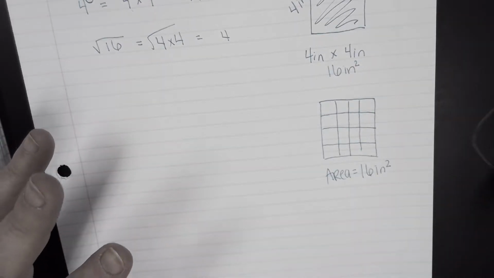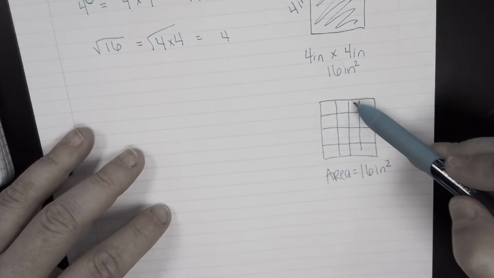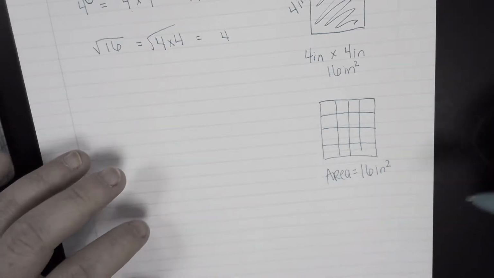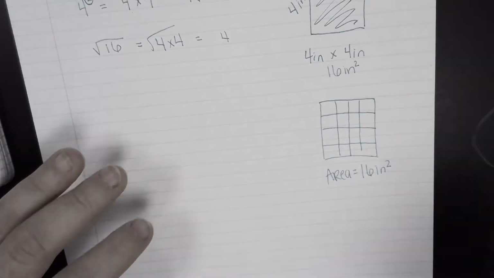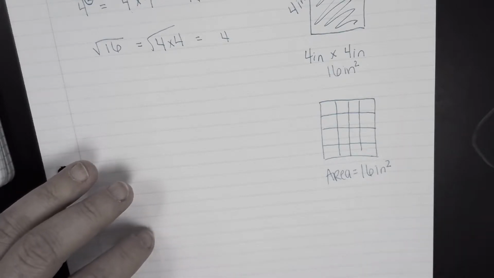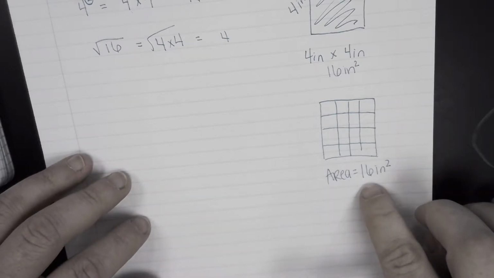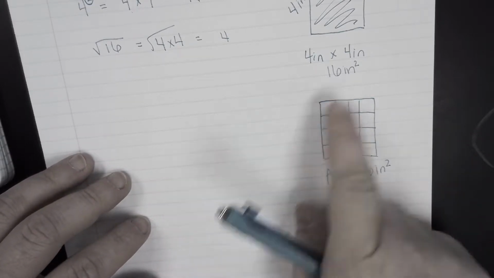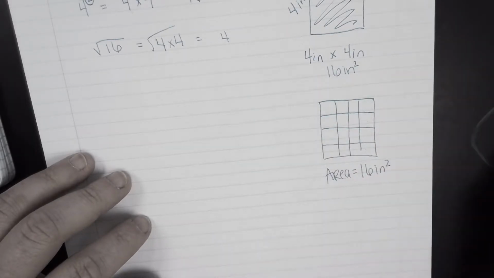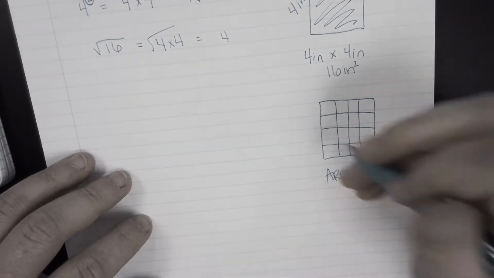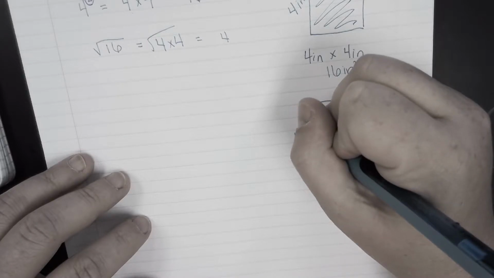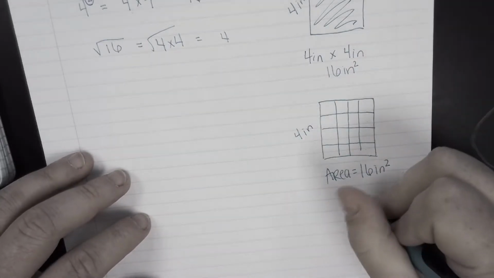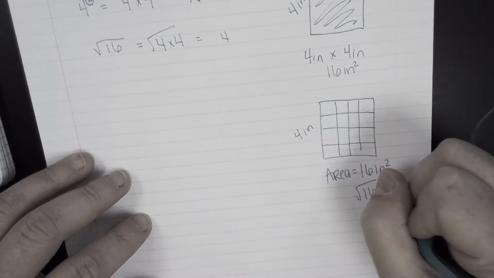Normally, I could just count out, do I have 16 spaces? Yes, I do. So in my brain, I know a lot of you can look at 16 and say, oh, if it's the same number twice because it's a square with equal side lengths, then it must be 4. What you're really doing is taking the square root of 16.